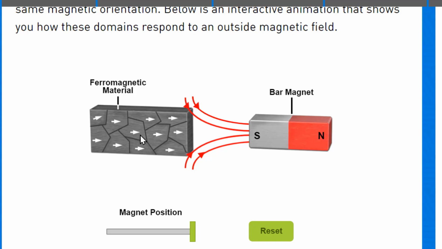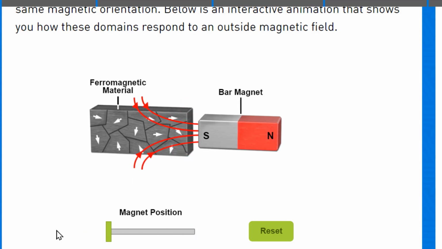Think of these little arrows like little compasses. They're all aligned, so now overall it is a magnet. Like before, see how they were all pointing different directions? Each little magnetic field canceled out. But if you can coerce them, they will align, and then it can stay a magnet.